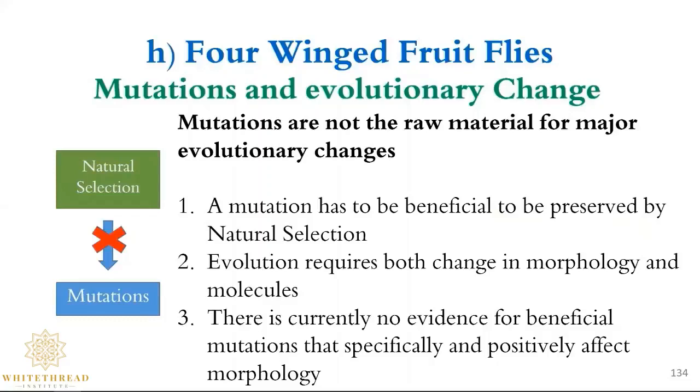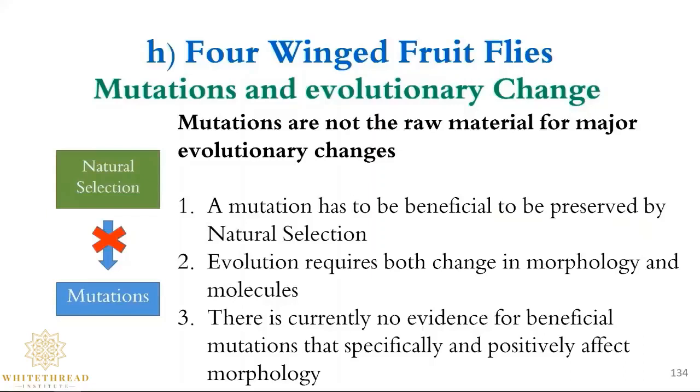So the E. coli experiment being done at Michigan State University is a long-term evolutionary experiment, and that experiment actually shows that the E. coli that they are subjecting to the laboratory environment will not survive in its natural habitat. So it's not an increase in fitness, it's a decrease in fitness.